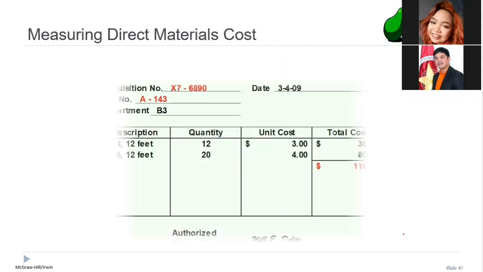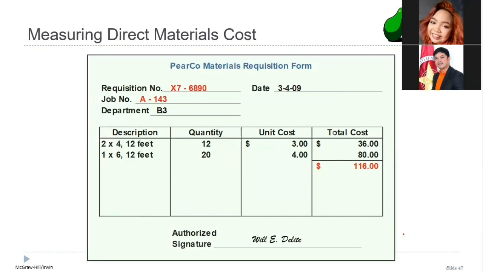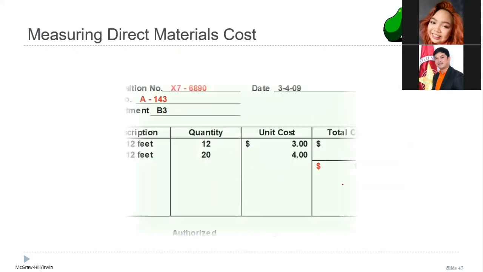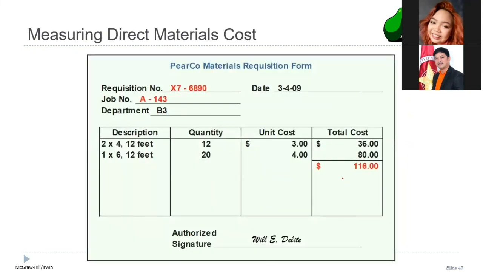For example, measuring direct materials cost. Paano ba natin nire-record? Balik lang tayo dito. Saan natin hinuhugot yung data ng direct materials dito sa job cost sheet? Ang panggagalingan po natin ng materials niyan ay materials requisition form. Okay, so once a sales order has been received kasi and a production order issued, ang production department will prepare materials requisition form to specify ano ba yung type, quantity, and total cost of materials.